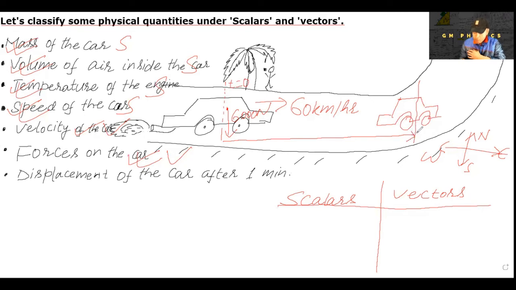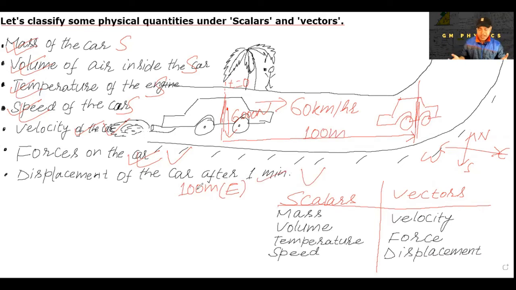So when you talk about displacement, you just don't talk about by what length it has been displaced. You also talk about in what direction. So its initial position, that is t equal to 0, is this, and the final position, the straight line distance between them is 100 meters, and it is towards east. So our displacement will be something like this, 100 meters towards east, right? So again, it's a vector quantity because you are talking about both magnitude and direction. So it becomes a vector.